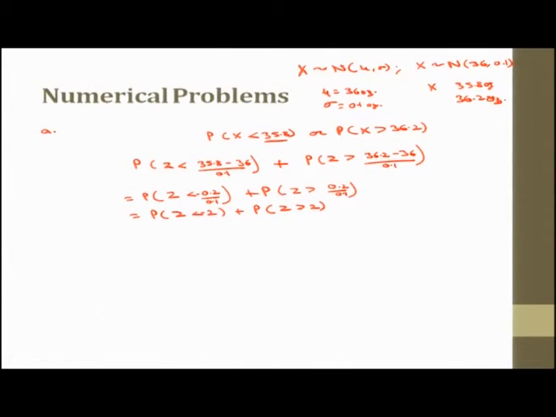and if I go to the table and try to find this value, it would be 0.0228 plus this value would be 1 minus 0.9772, which means 0.0228 plus 0.0228, this is equal to 0.0456.